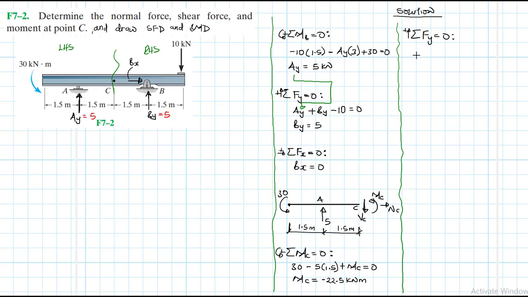What do we have? We have a 5 minus VC equal to 0. And therefore our VC is just going to be equal to 5 kilonewtons. And then we have summation of forces in the X. The normal force is just going to be equal to 0 kilonewtons.